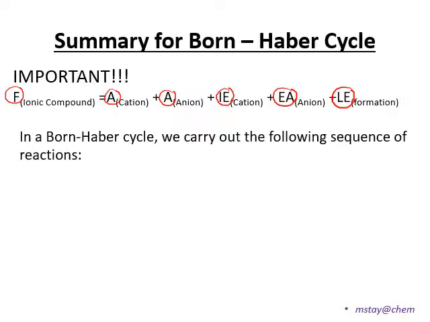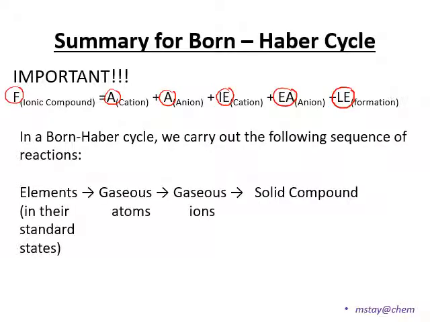Okay, next, besides knowing the type of enthalpy, we can also focus on the reactants. The reactant for the formation always starts with the element, and the atomization always ends with the gaseous atom.